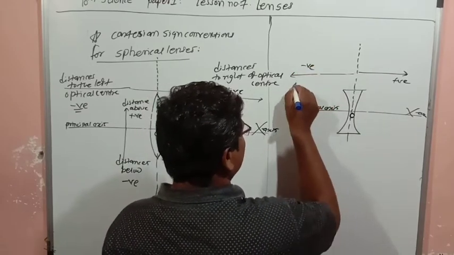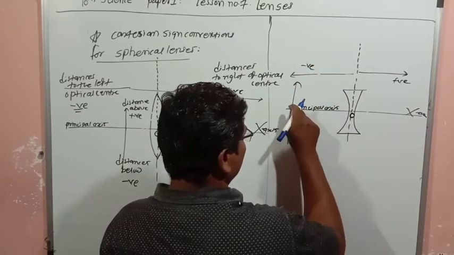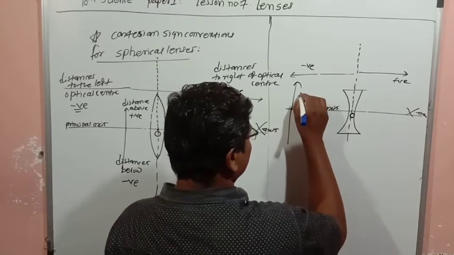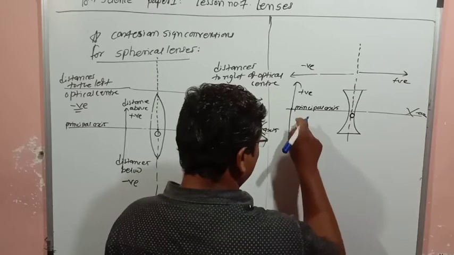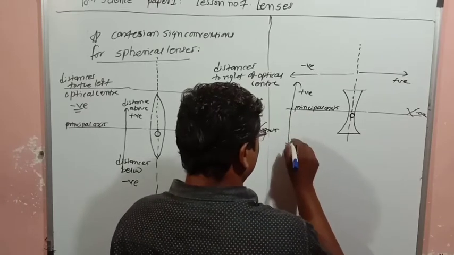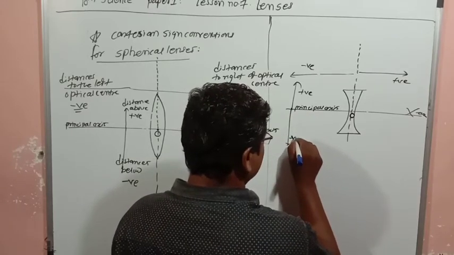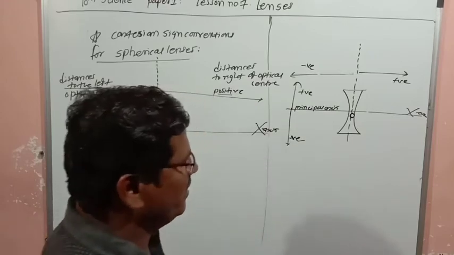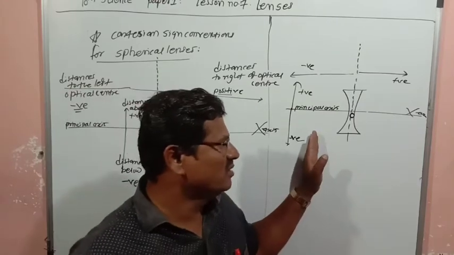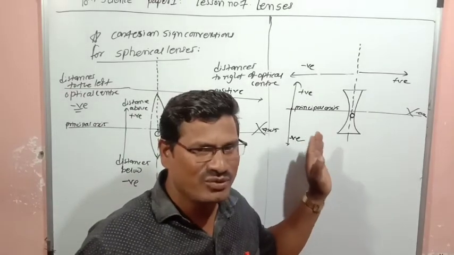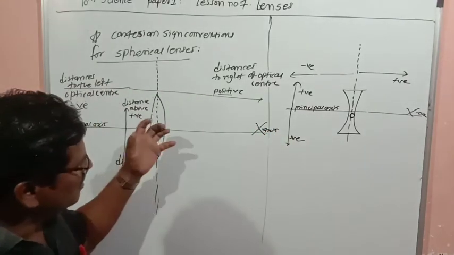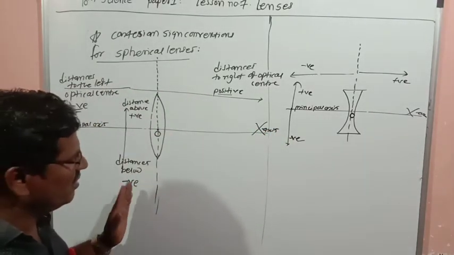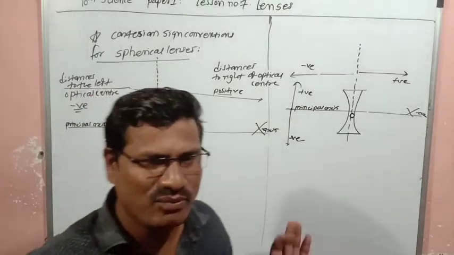Distances perpendicular and above the principal axis are positive, and below are negative. And focal length for concave lens will be negative. These diagrams you have to draw, and in words we'll write the points.